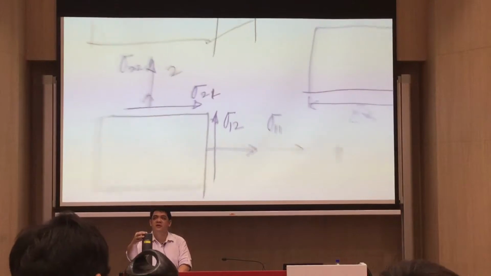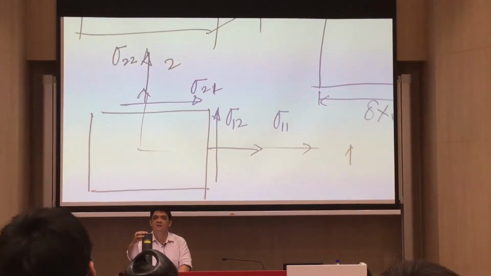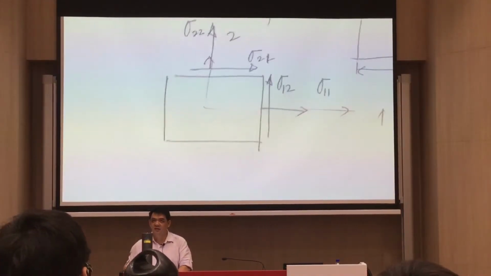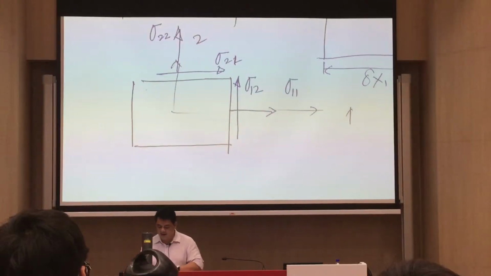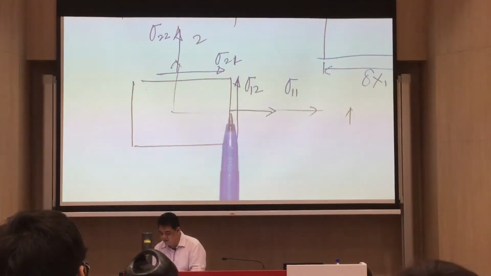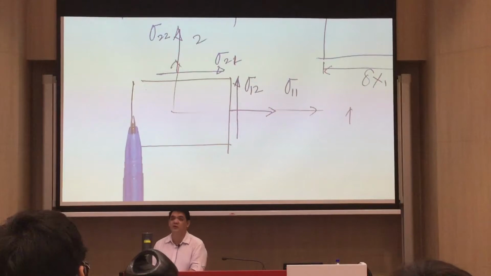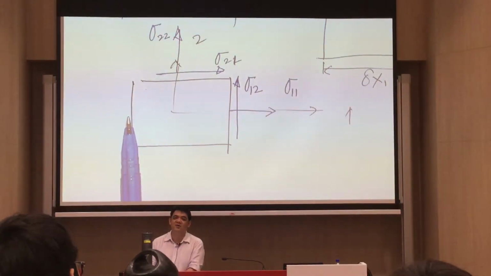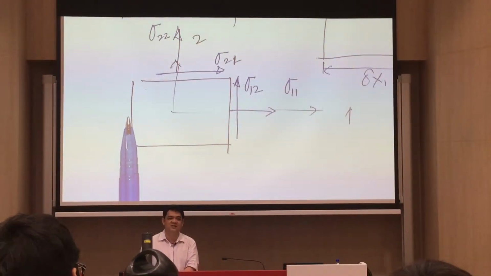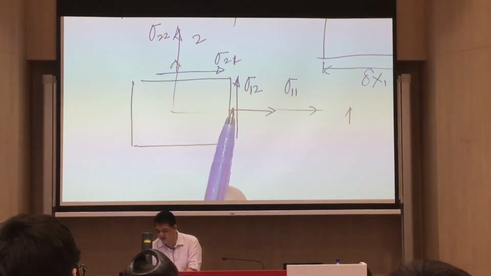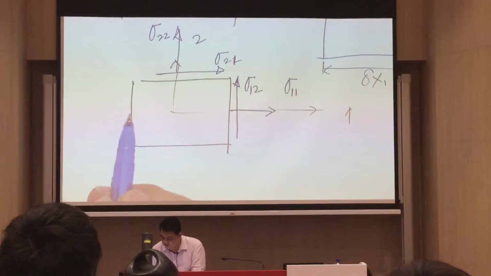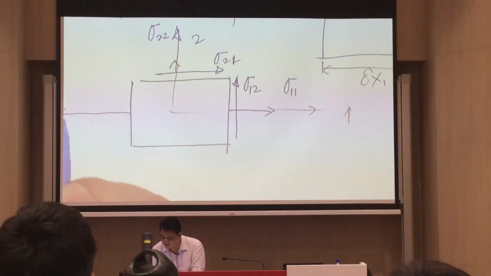So the thing here is that if I move from here to this point here, there will be that change of stress. Initially my stress here will be sigma 1,1. There will be another stress here.